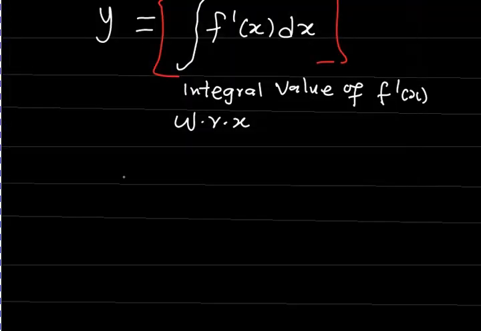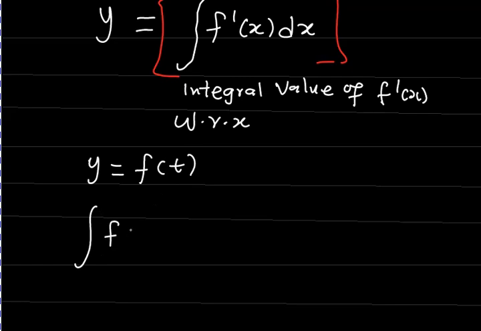In a case where the function has a different variable, let's say y is a function of t, f of t, the independent variable here is t, so I'm going to integrate with respect to t. So this is the integral value of f of t with respect to t. Please take note of that.